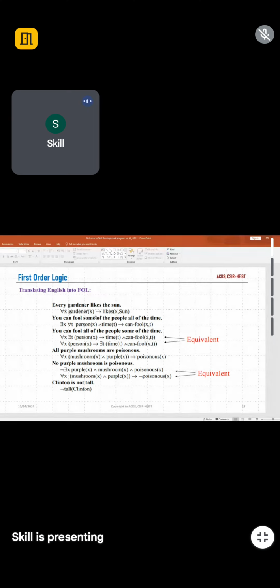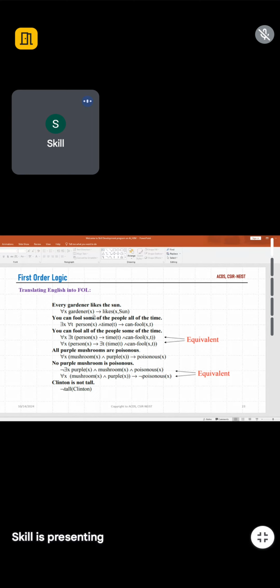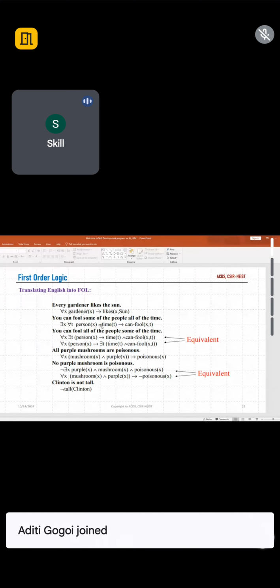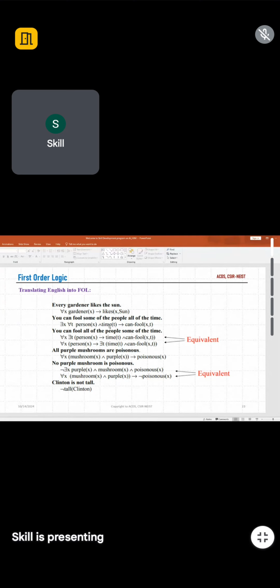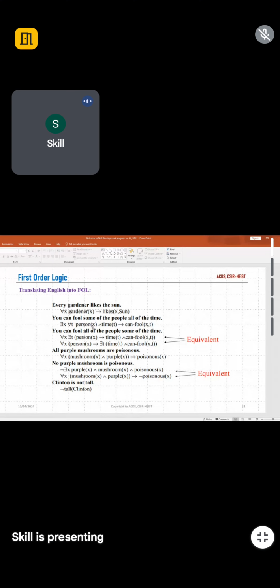Just like the previous FOL, we can write this also. Just we are replacing this with can fool, and this person and time we are writing, as here two things are mentioned, people and time, so we are taking person and time, x and t.